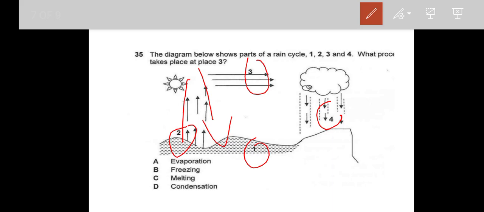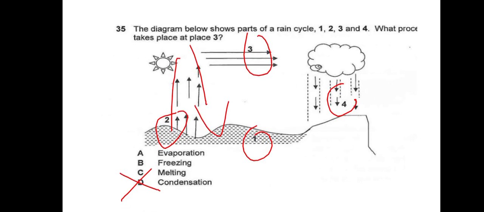So meaning stage 3, the answer is condensation. Okay, we proceed. Then what process is taking place at 4? That is precipitation. So at part 4, you have precipitation.